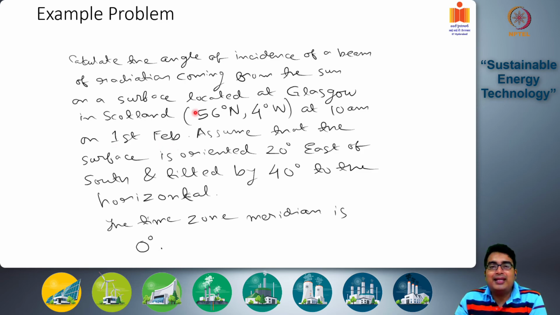So the latitude and longitude are given, the time of day is given and the date is given. Assume that the surface is oriented 20 degrees east of south and tilted by 40 degrees to the horizon. So beta is 40 degrees, gamma is 20 degrees east of south, and the local time zone meridian is 0 degrees, because it's in the UK.